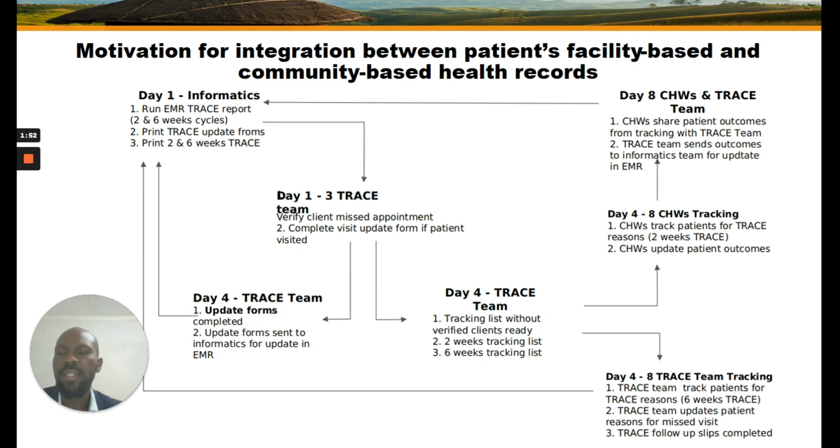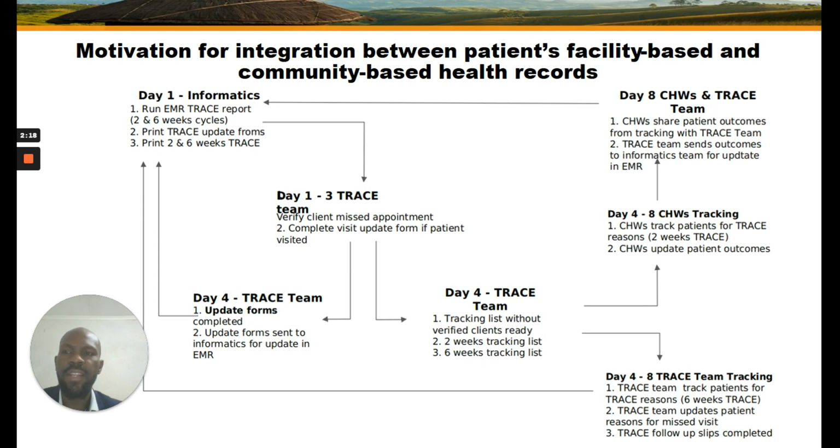So the whole process starts from the moment that the report is printed from our electronic medical record system called OpenMRS, and once it's printed, we have a team who goes to the health facility to verify whether those patients really missed their appointments or if they were just missed from being captured in the EMR.